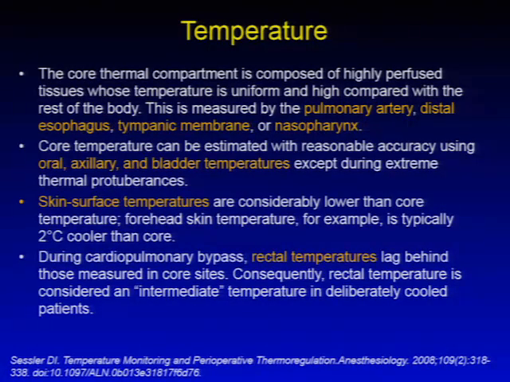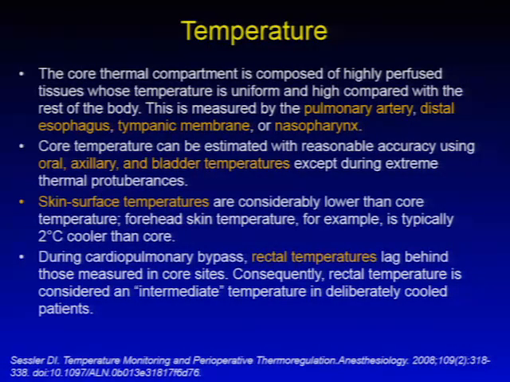But to reflect the core temperature, bladder temperature requires steady urine formation. The skin surface temperatures are considerably lower than the core temperature. For example, forehead temperature is typically 2 degrees Celsius cooler than the core.